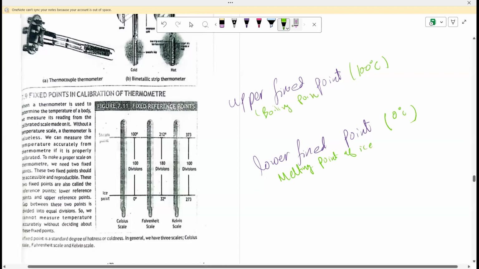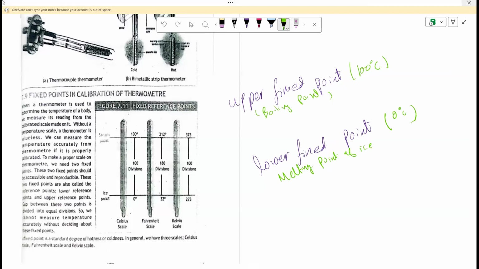We have studied the heating curves and cooling curves, or we have not done it yet? Have you done the heating curves and the cooling curves?